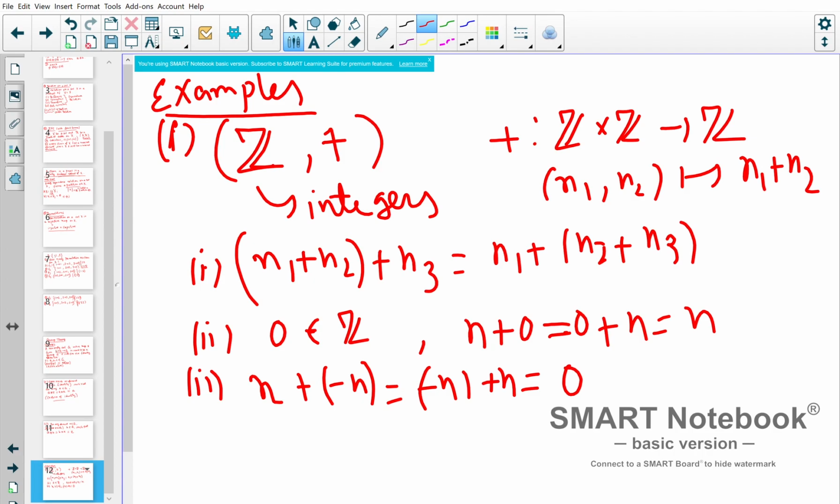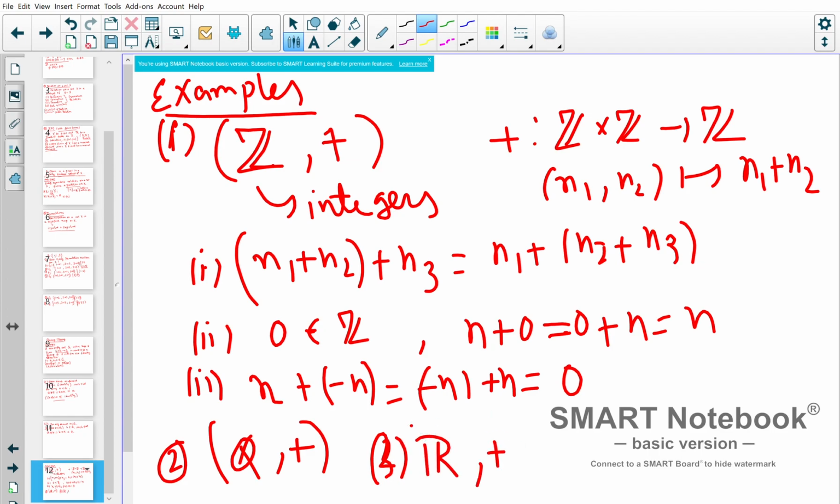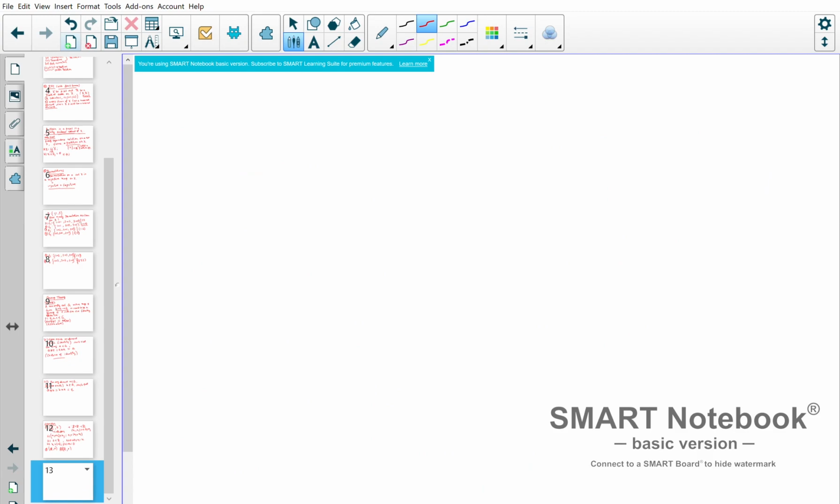You can check that the set of rationals with addition, and real numbers with addition, they all are groups. And then you can have many more examples. Say, for example, let me write down M2(R).